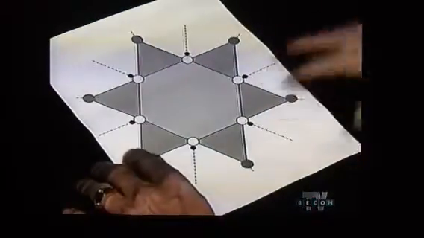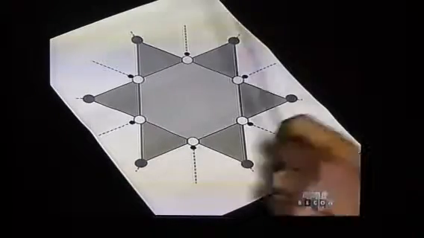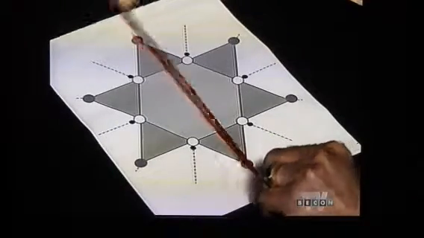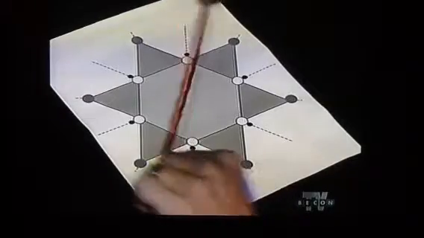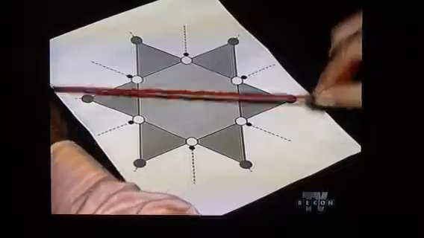The last sample shows an object with six lines of symmetry. You can count them with me. 1, 2, 3, 4, 5, and 6.